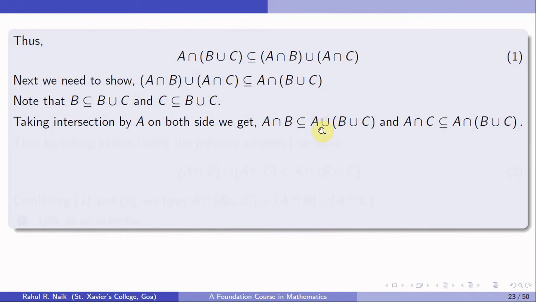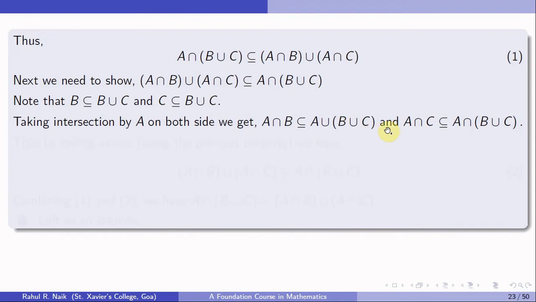Please correct this error. You see that this A intersection B is contained in the set, and A intersection C is also contained in the same set. So I can use the previous property which says that whenever this happens, their union is also contained in that same set.